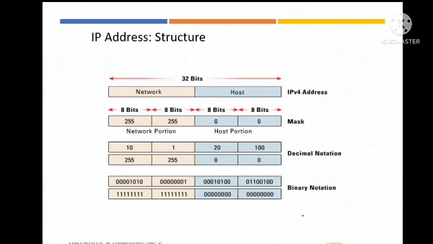Based on the class, some portions are for network, some portions for host. IP addresses are normally written in dotted decimal numbers, which is easier for humans to read than binary notation. So you can see here the final table where you can see the binary notation of the IP address.